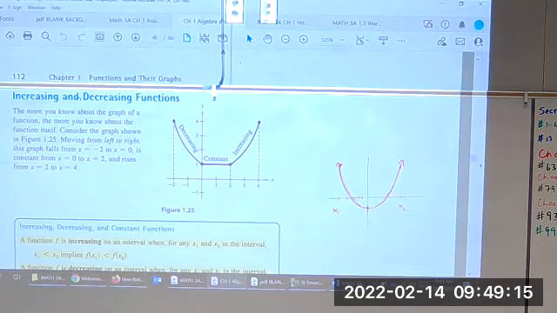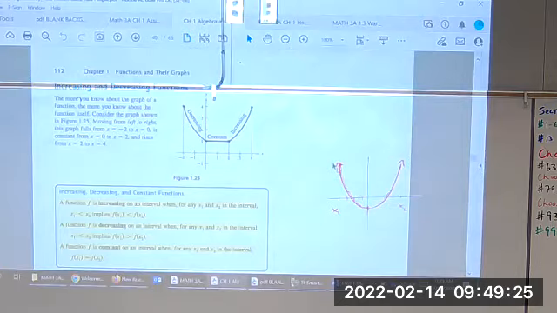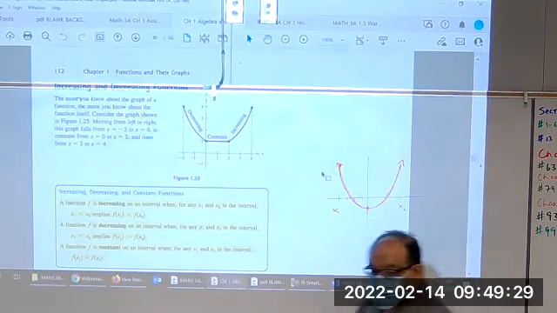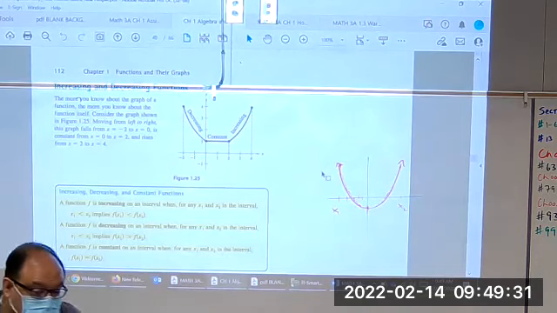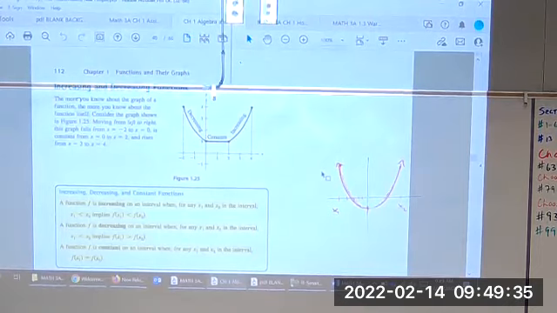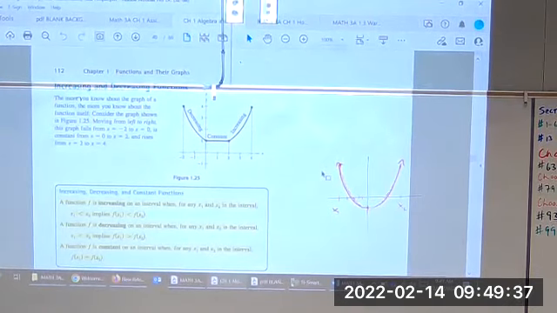You don't have to worry about writing this down, but this is how it's handled mathematically. When I first started teaching this, I would make my students take definition quizzes where they would have to write out definitions of certain concepts. What's the definition of increasing? What's the definition of decreasing? Those kinds of things.